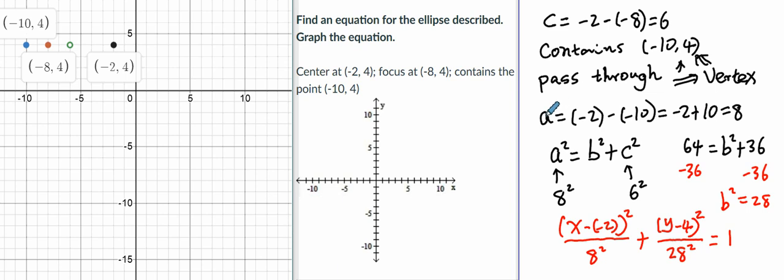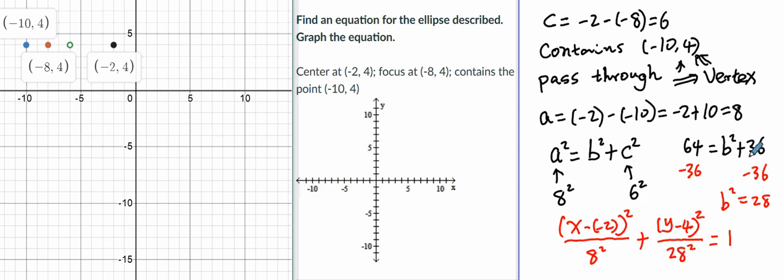That's a. In an ellipse, we always have a squared equals b squared plus c squared. So 8 squared equals b squared plus c, which is 6 squared. You see a squared is 64.